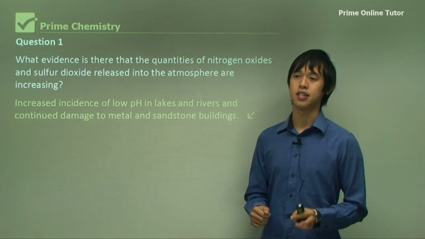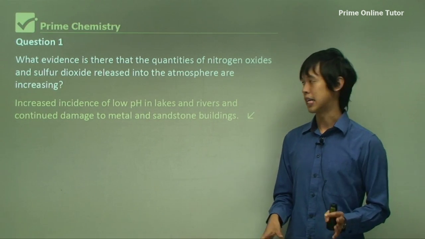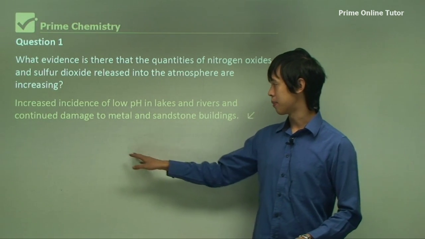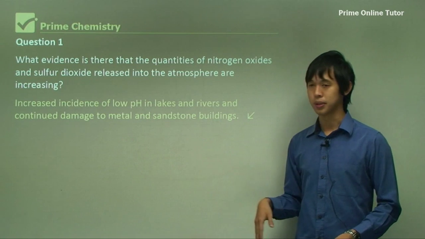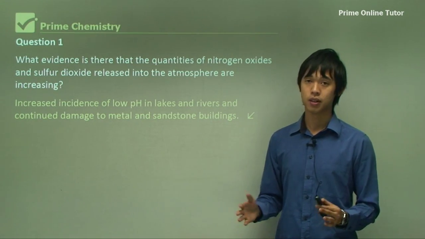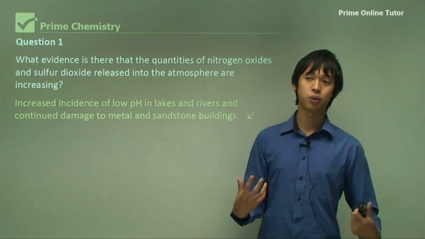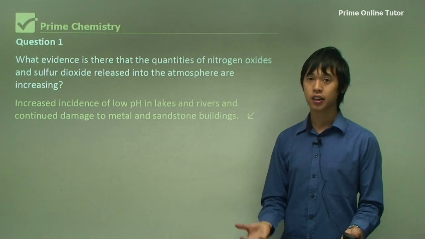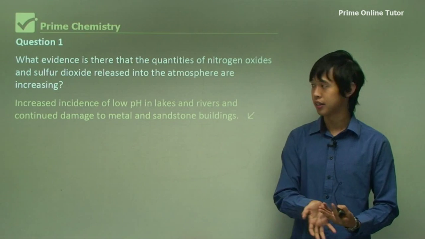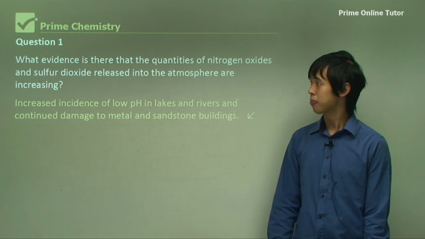It's very likely that it's S and N that are doing the damage. And continued damage to metal and sandstone buildings. Also limestone. So you can see that the acid actually reacts with all of these built environment features and causes damage. And the same with forests. Okay.